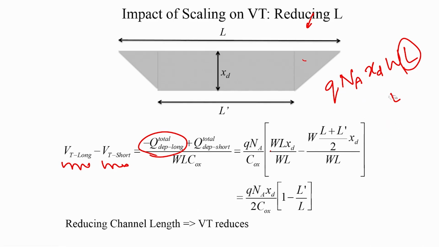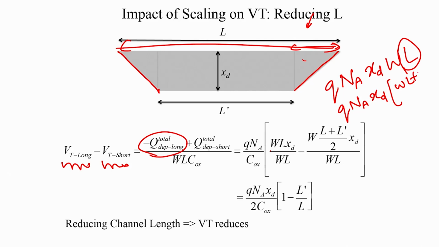Since L dash is much less than L, because a larger percentage of this region is depleted by the PN junction, or this region forms a larger percentage of the total length here, the area to be considered is the area of the trapezium. So, that is Q NA XD into W times (L plus L dash) by 2, that is the area of the trapezium, which is basically your total charge in the depletion region in a short channel device.